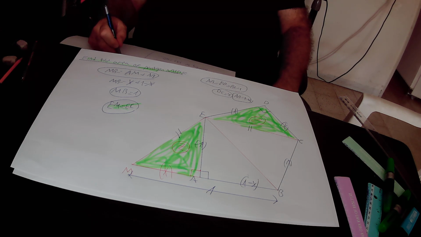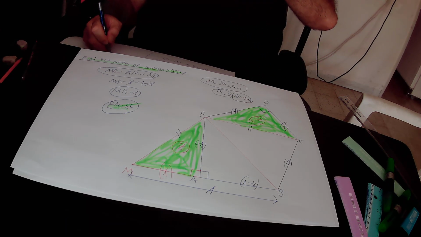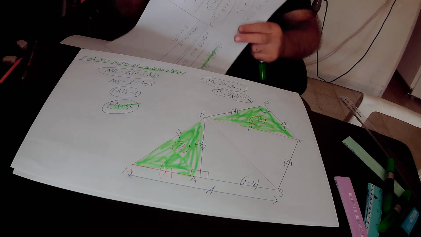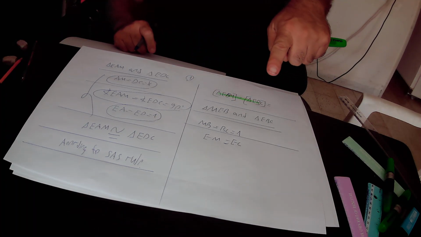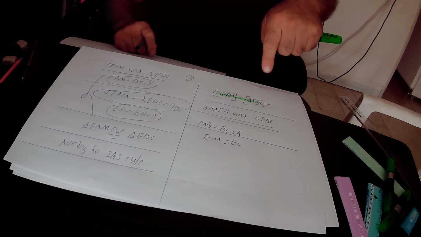Side EM of triangle EBM is equal to side EC of triangle EBC.